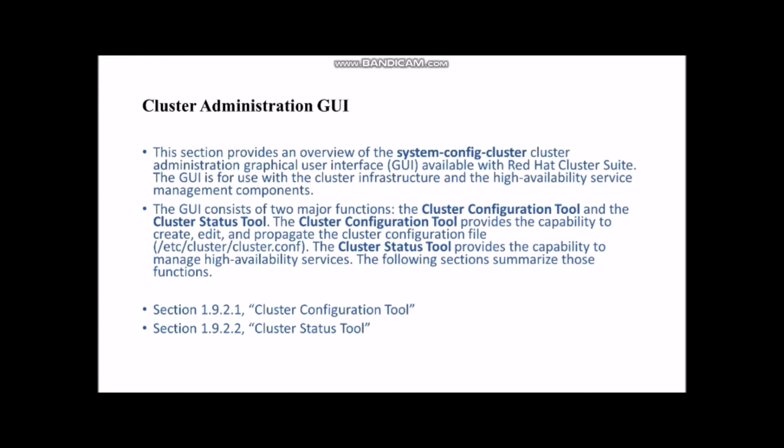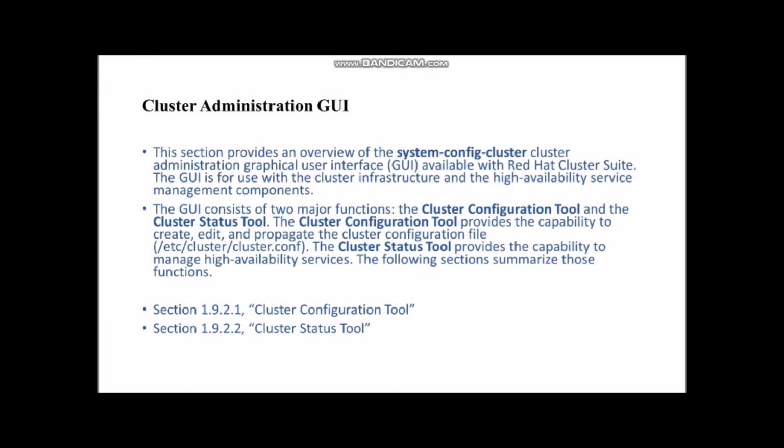The GUI consists of two major functions: the Cluster Configuration Tool and the Cluster Status Tool. The Cluster Configuration Tool provides the capability to create, edit, and propagate the cluster configuration file. The Cluster Status Tool provides the capability to manage high availability services. The following sections summarize those functions.